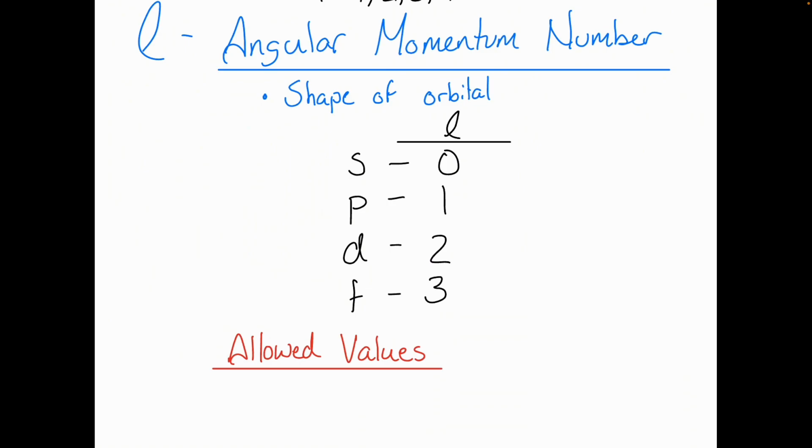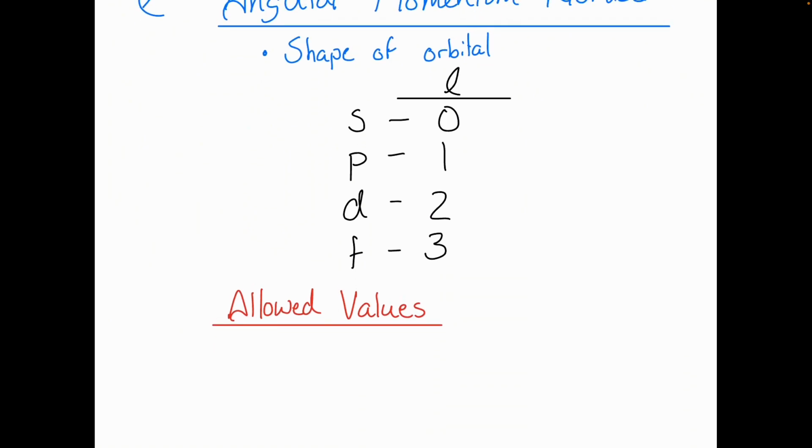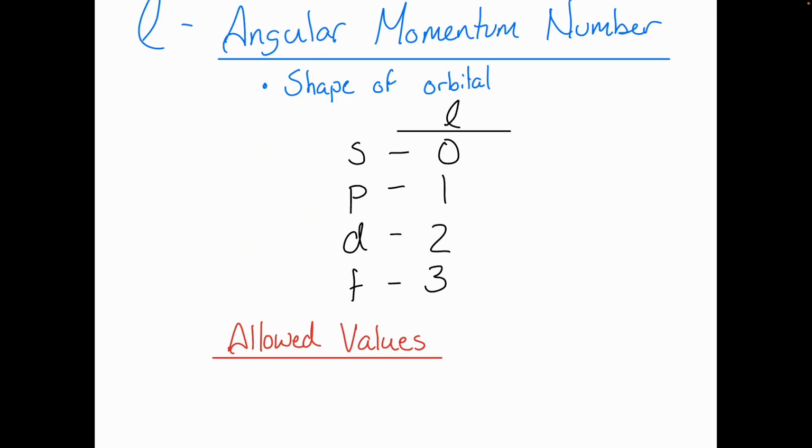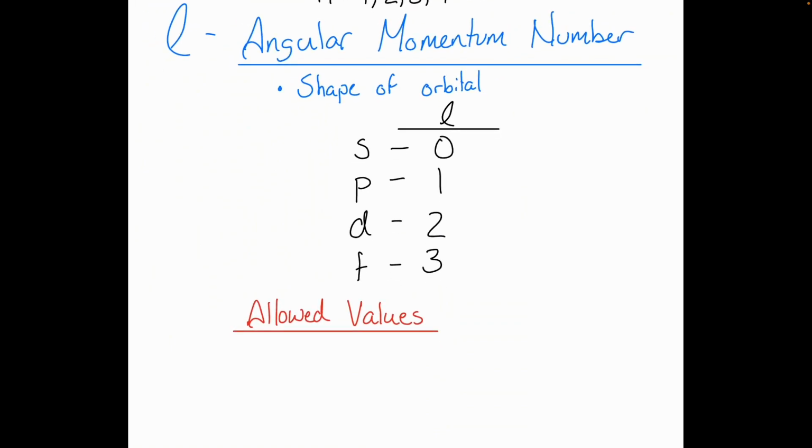However, importantly, when we start counting our p block, what's that first row in our p block? 2p. Is there any such thing as a 1p orbital? No. So our value of l is limited by our value of n. Our value of l can be anything from 0 all the way to n minus 1.